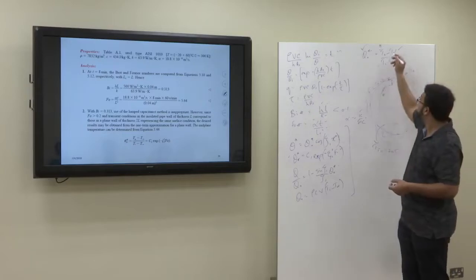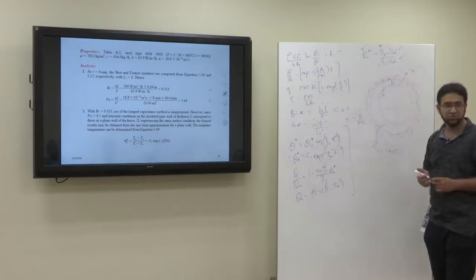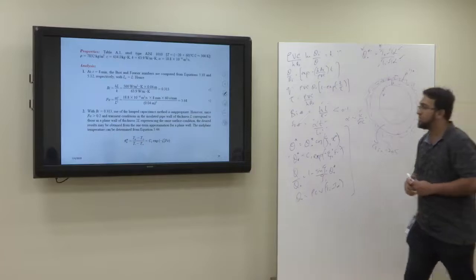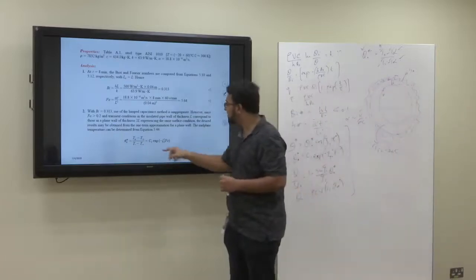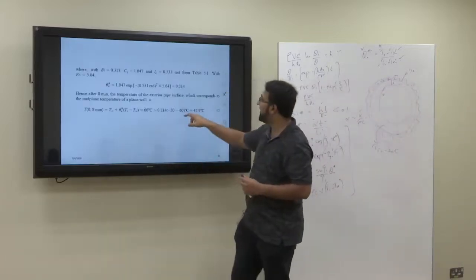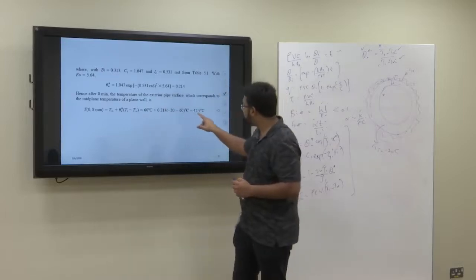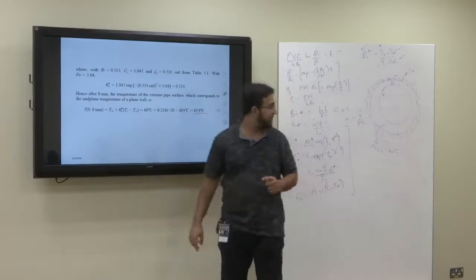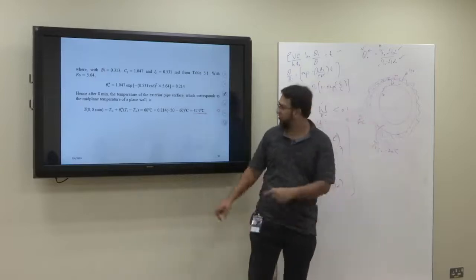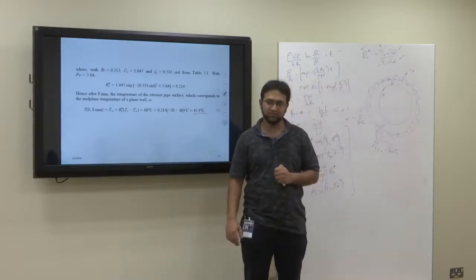So we know all these things, so we can find T naught. Is it clear? So once we solve it like this, we'll get that after 8 minutes, the pipe outer surface is at 42.9 degrees centigrade.